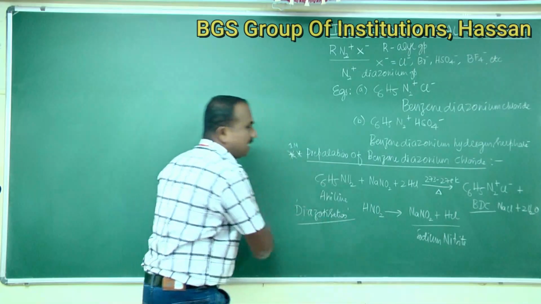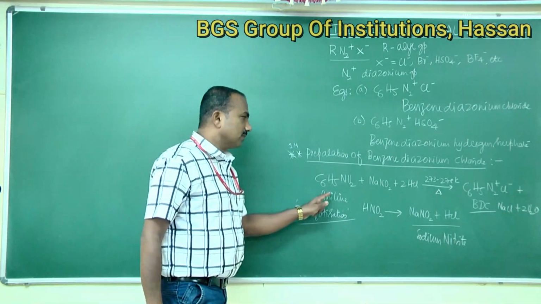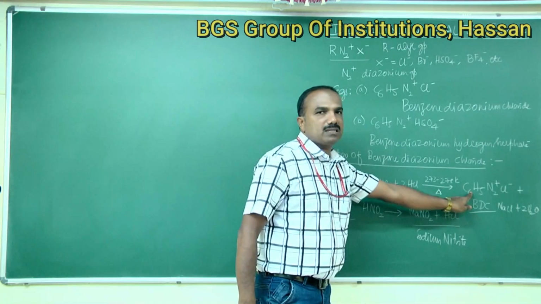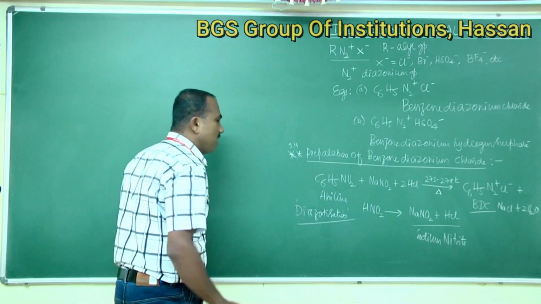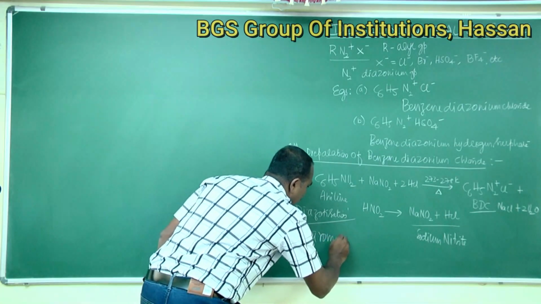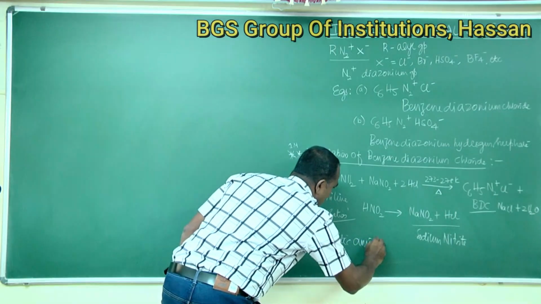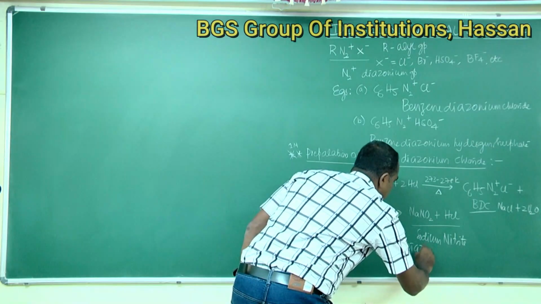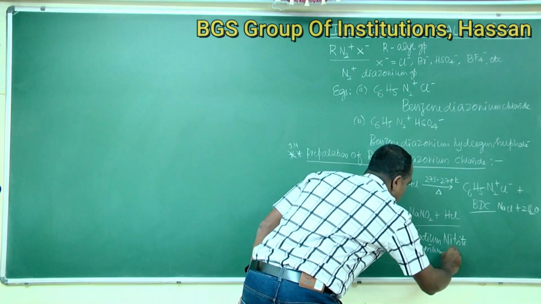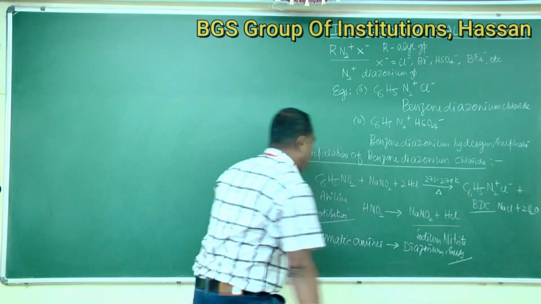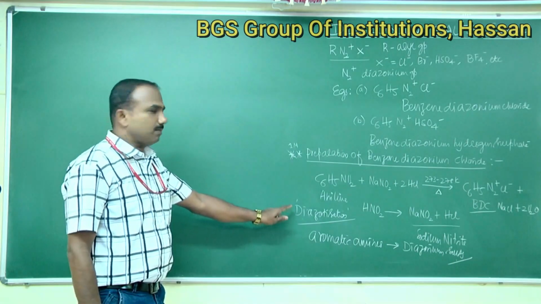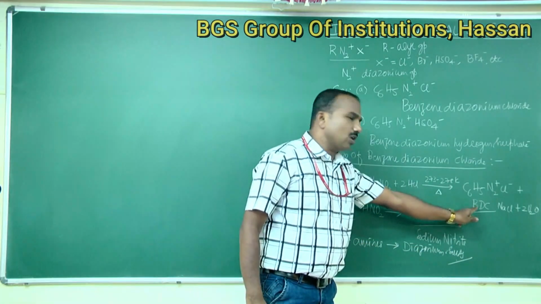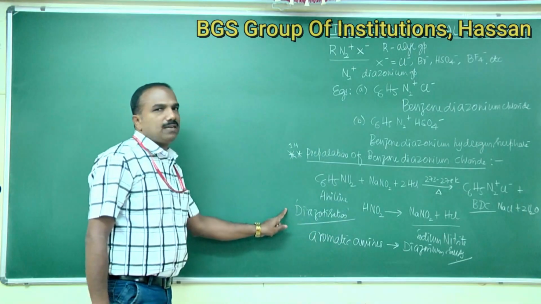What is diazotization? The process of conversion of aromatic amines into diazonium salts is called the diazotization reaction.